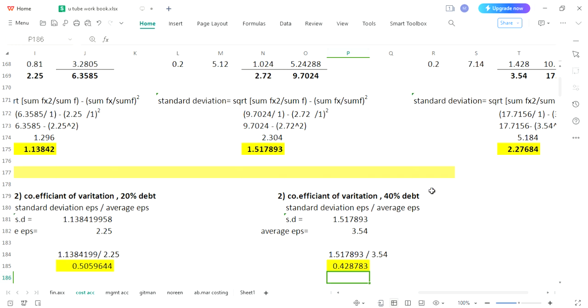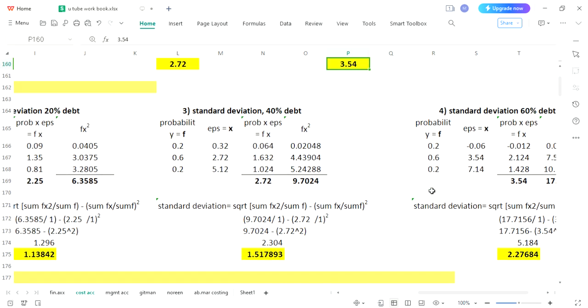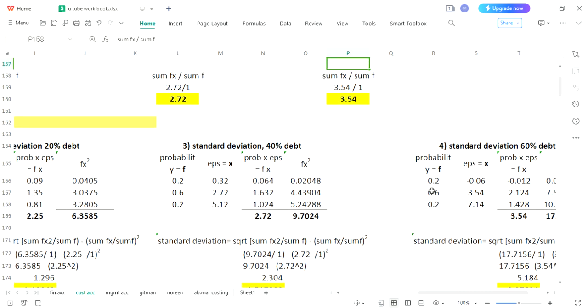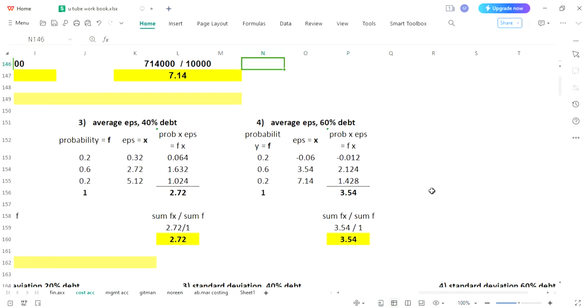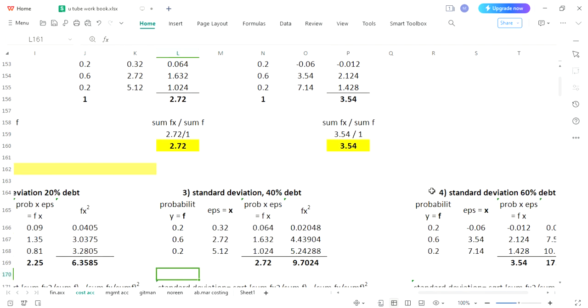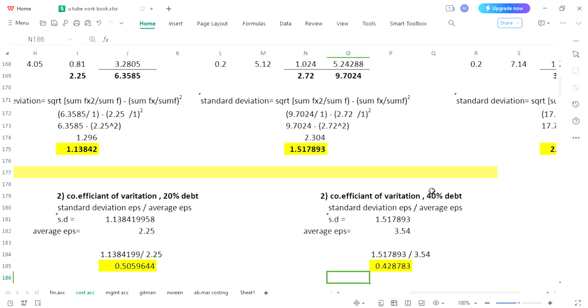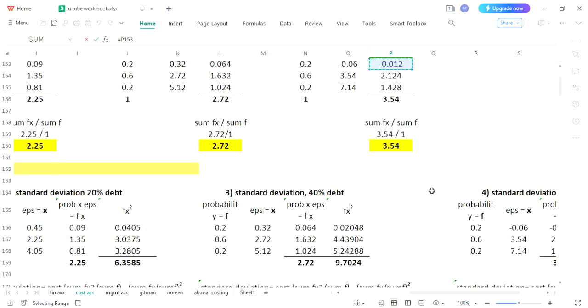So you have calculated your third CV, and we'll have to check. The standard deviation was 1.51, arithmetic mean. Oh, this fourth arithmetic mean has been taken while we needed to take the third. It was 2.72. Let it be corrected. Your average EPS, this was the fourth part.